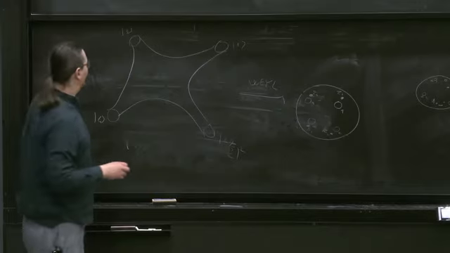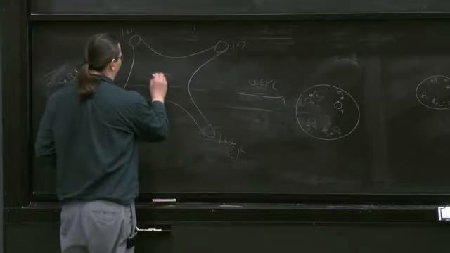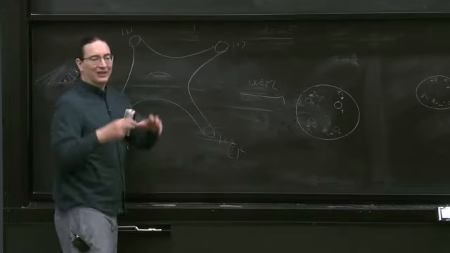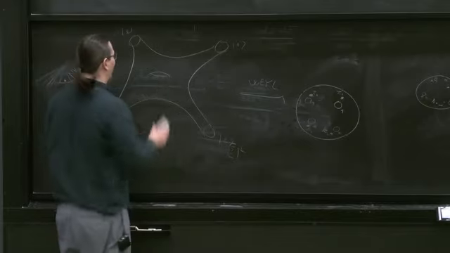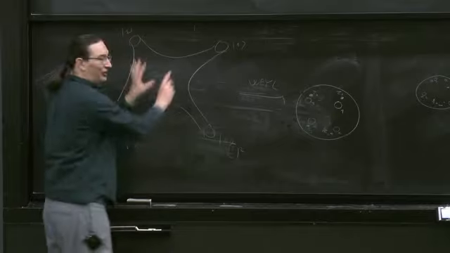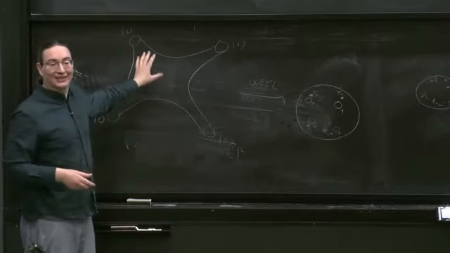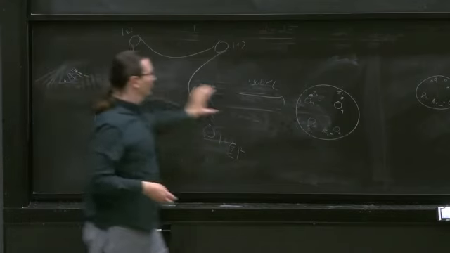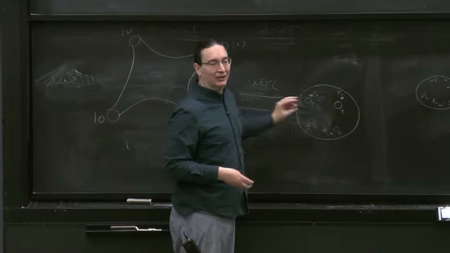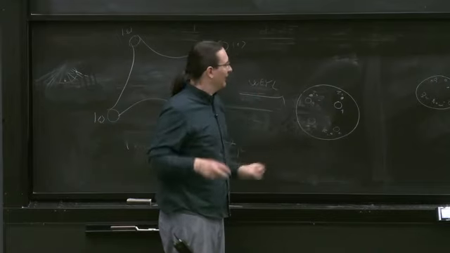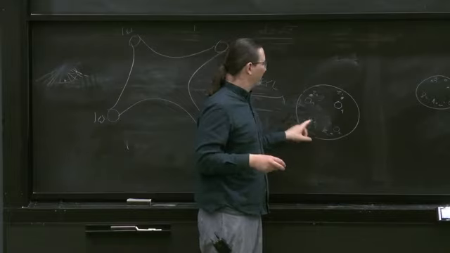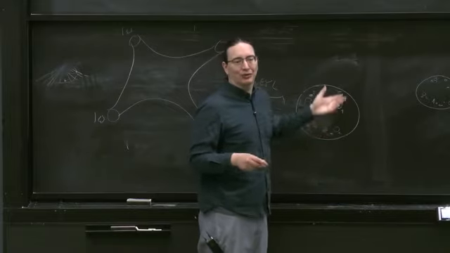So as long as I have no holes in my surface, it's just tree-level in string theory, I can always map to a sphere. And the only thing, the complex structure I need to integrate over, on the punctured sphere, a sphere with a bunch of points, is the position of the points.